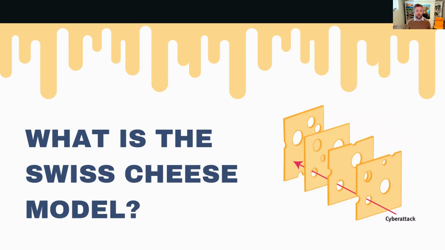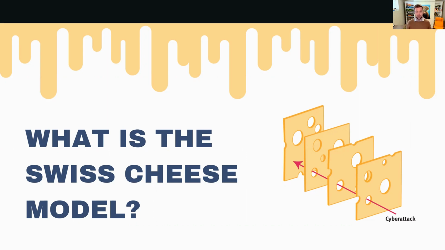So what is the Swiss cheese model? This is just a fun way to visualize layers of protection that you could put in place in your business. You see from the little image here the idea that if you've got these pieces of Swiss cheese and you're using them to try to stop a cyber attack from impacting your business, the way those holes line up means that you have to have more than one piece.